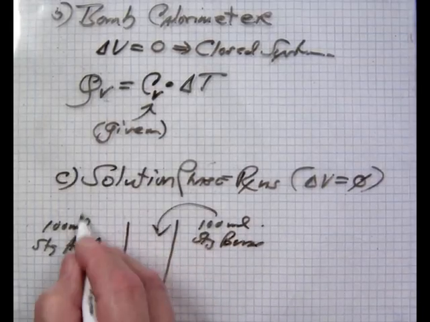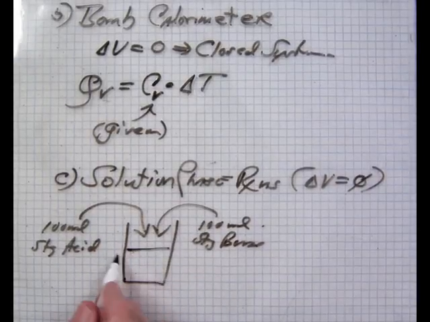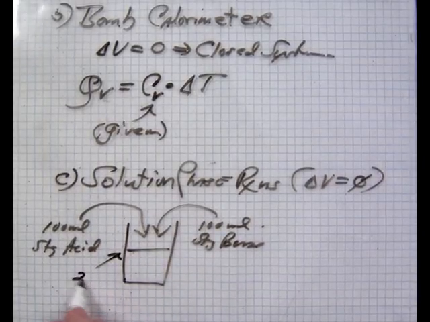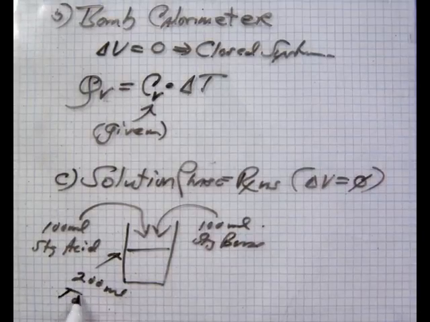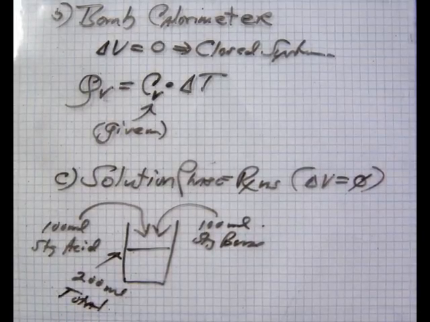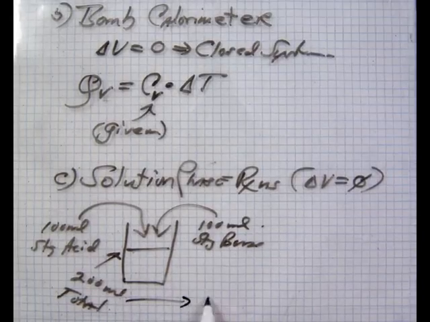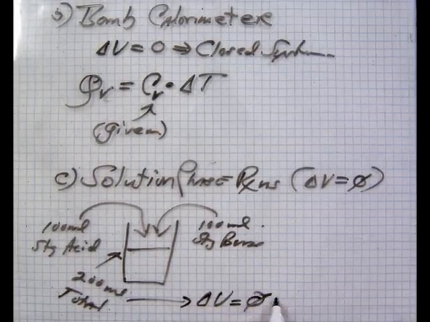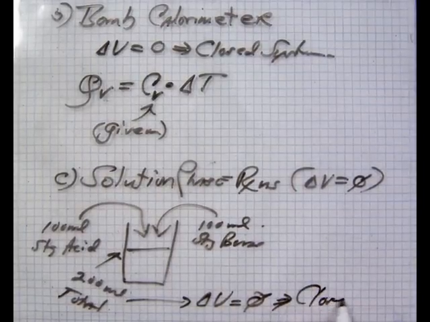You pour them together, you get a reaction, but when you finish, you have 200 milliliters total. That is not an increase or decrease in the net effect of the reaction system. And that gives delta V equal 0 and a closed system.